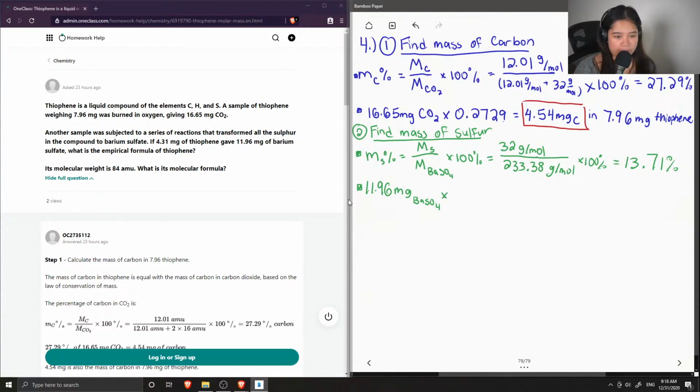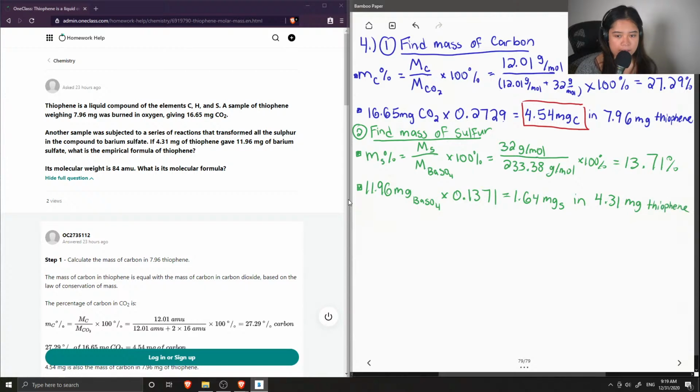So I'm going to multiply this by 0.1371. And you should get 1.64 milligrams of sulfur. But this is only in the 4.31 milligram sample of thiophene.